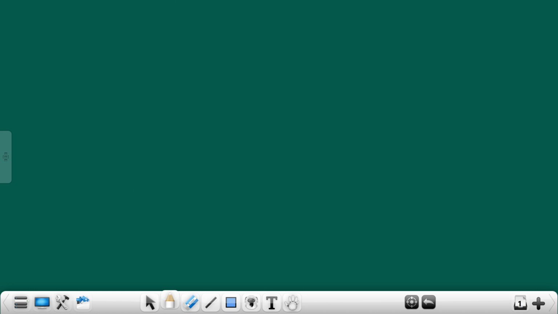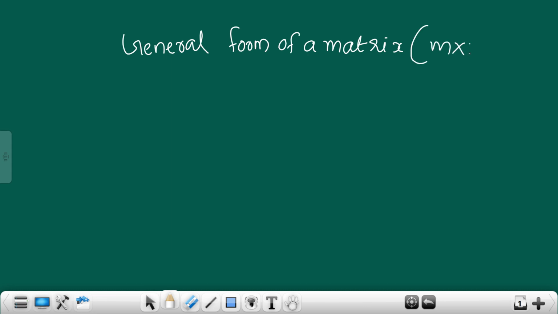Next we move on. General form of a matrix, or m by n matrix. We consider a matrix A with m rows and n columns.